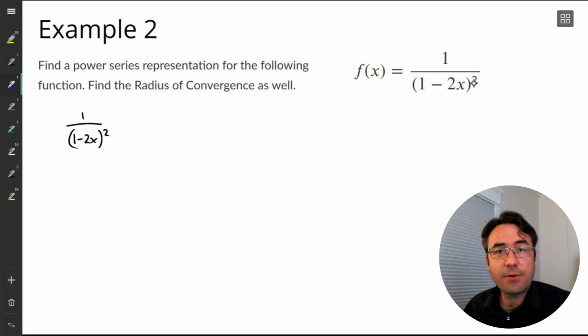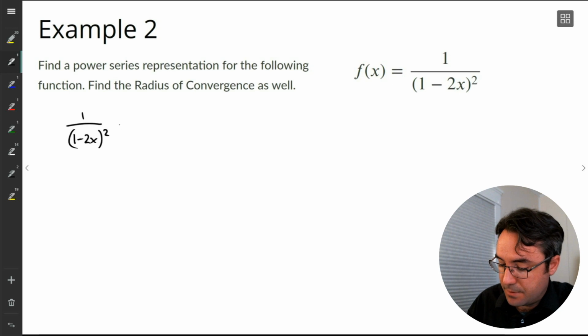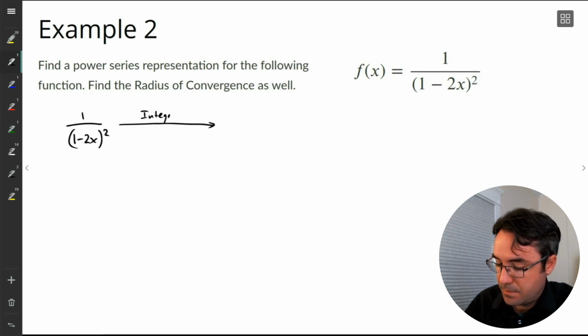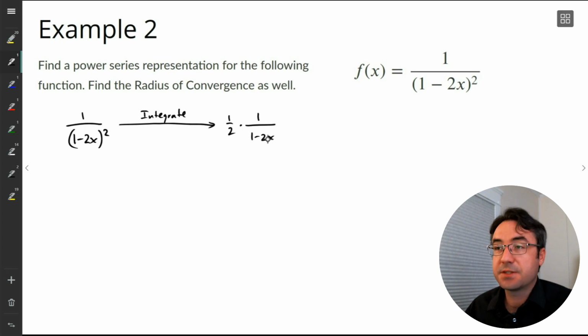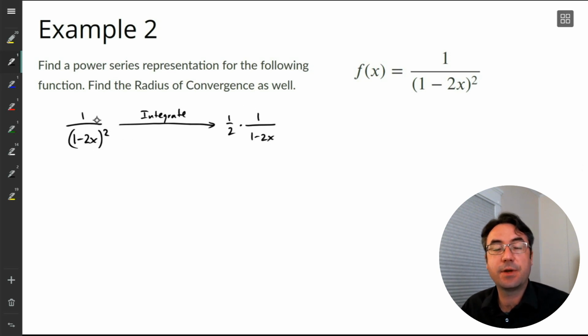So if we actually integrate this function, what do we get? We would get 1/2 times 1 over 1 minus 2x.